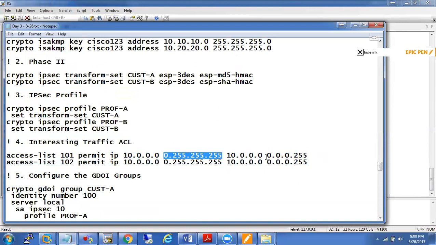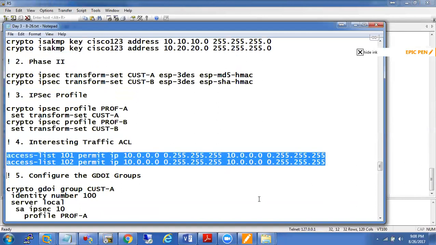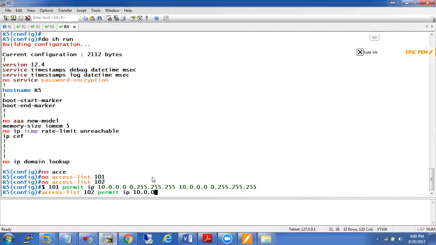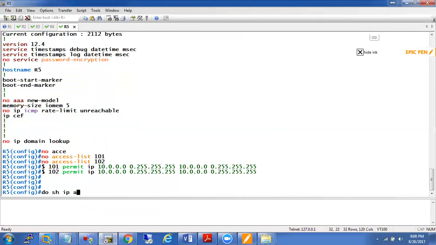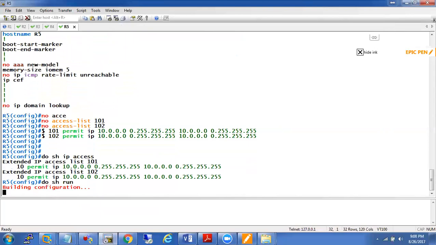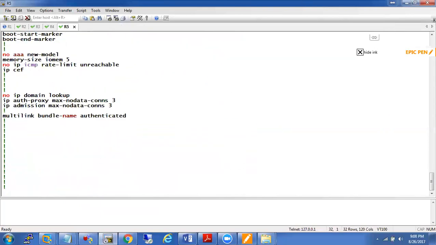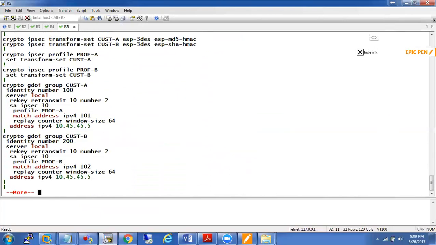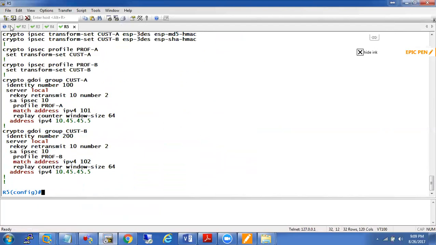This is what I want as my mask over here. Okay, my ACL should be okay now. Match addresses are still there.